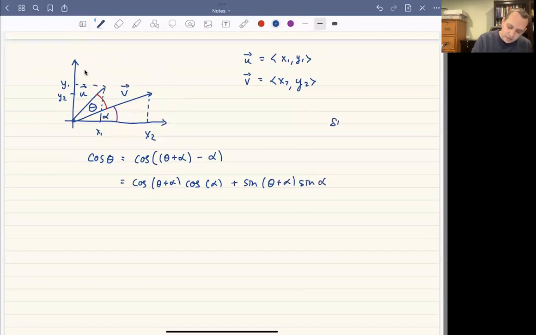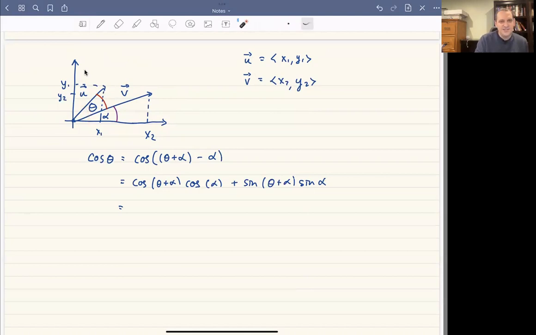You can look up the sum of angles formula for sine of x plus y or cosine of x plus y. Anyways, this is what we get. And with cosine, we're just thinking about triangles here. So cosine of theta plus alpha, remember theta plus alpha is this angle.